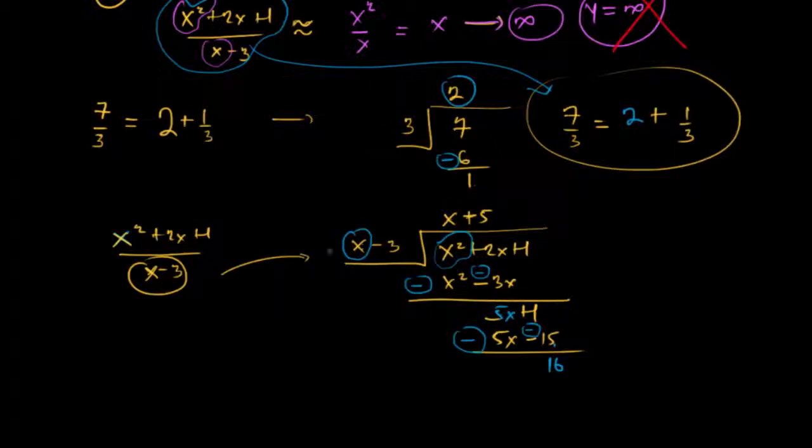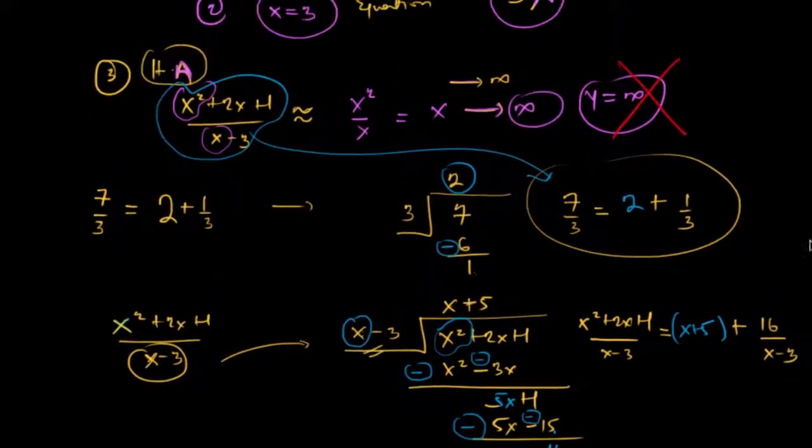So like we did here, x squared plus 2x plus 1 divided by x minus 3 is the same thing as: the quotient here is x plus 5, plus the remainder, which is 16, divided by the divisor x minus 3. So I have been able to write the rational function in a new format.